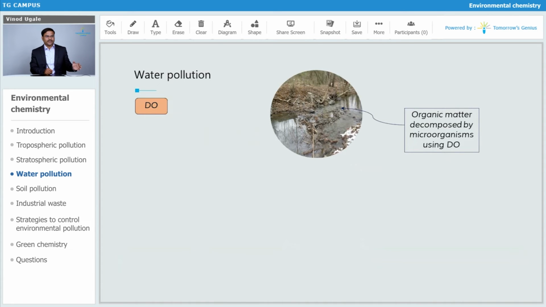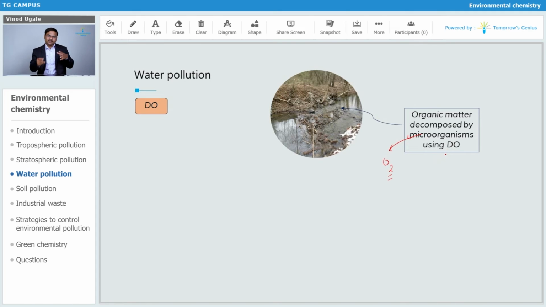In those water bodies, organic matter is decomposed by microorganisms, and if microorganisms want to decompose this organic matter stored in the water bodies, they are going to use the oxygen present in that water. Already we have seen that there is a very small quantity of oxygen in the water, and out of that quantity microorganisms are going to utilize the dissolved oxygen for the decomposition of organic matter.